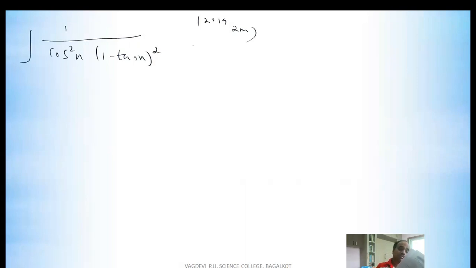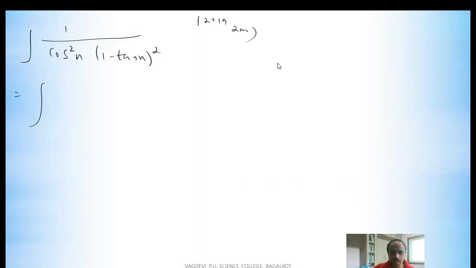Because for 3 marks, he has asked partial fractions and integration by parts. So for 2 marks, we have substitution. You can easily identify, but only one simplification, one step, is required.